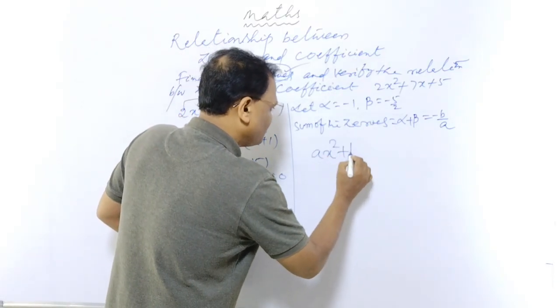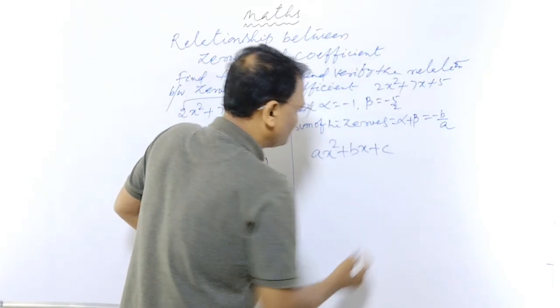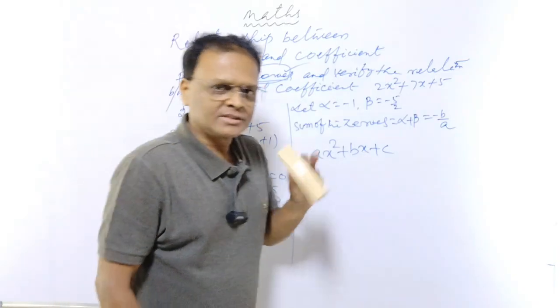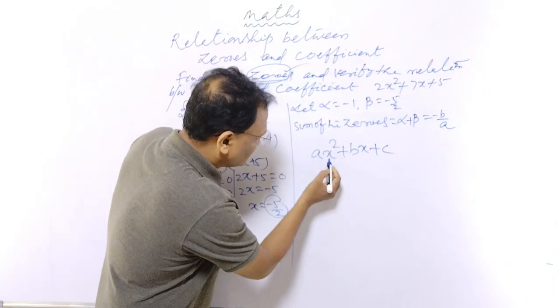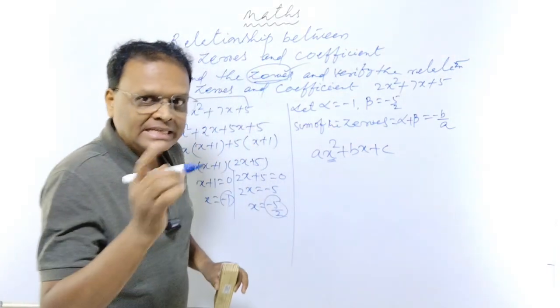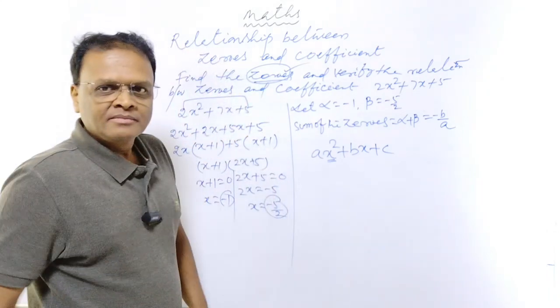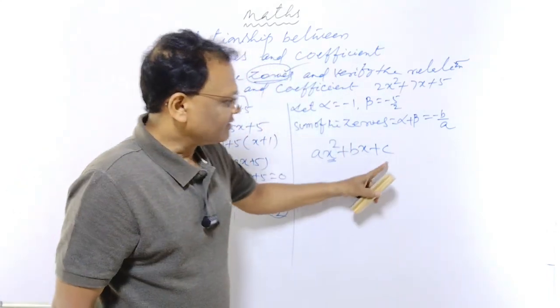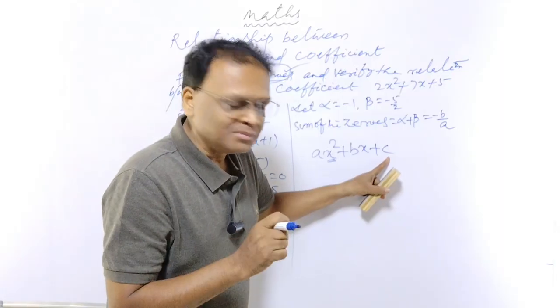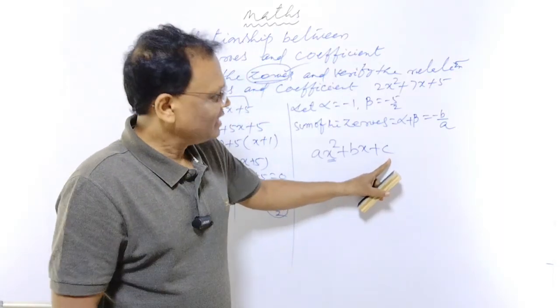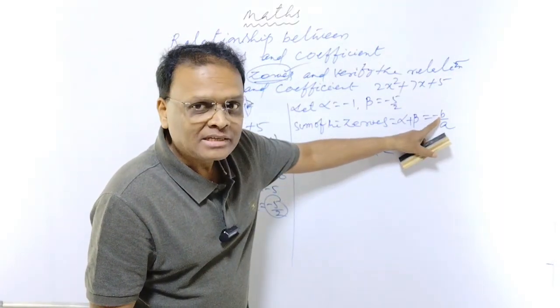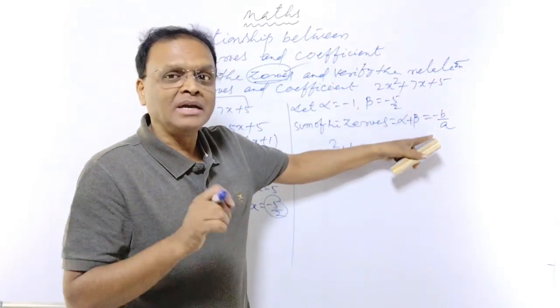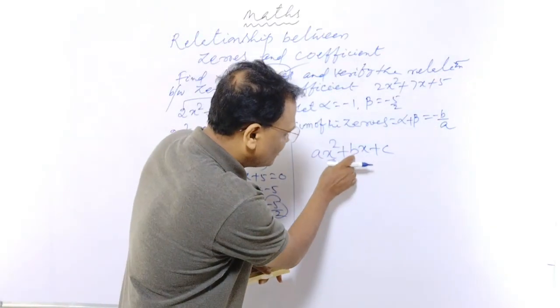The coefficient of x square is your a, the coefficient of x is your b, and the third one, c, is called the constant. So here what I have written? Minus b means minus coefficient of x.